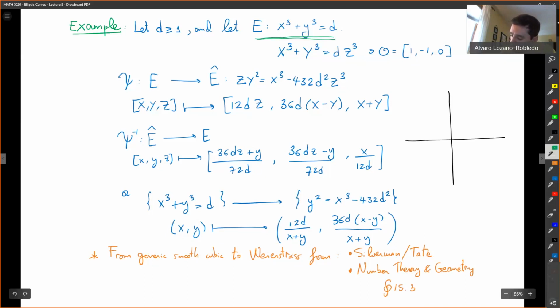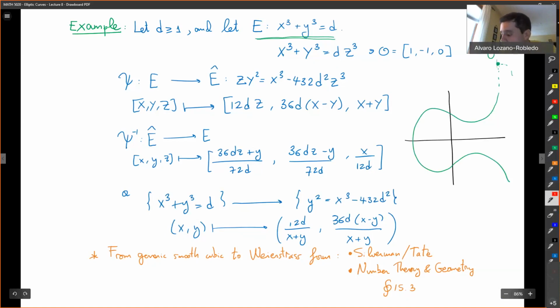One special characteristic of Weierstrass equations is that at infinity, if you continue this and you find the point at infinity, the tangent line at infinity, maybe I should draw it in some other way.